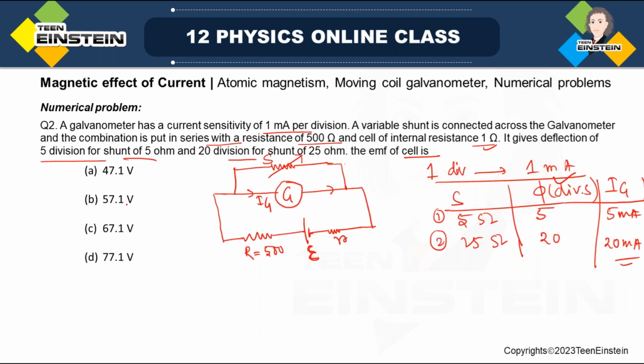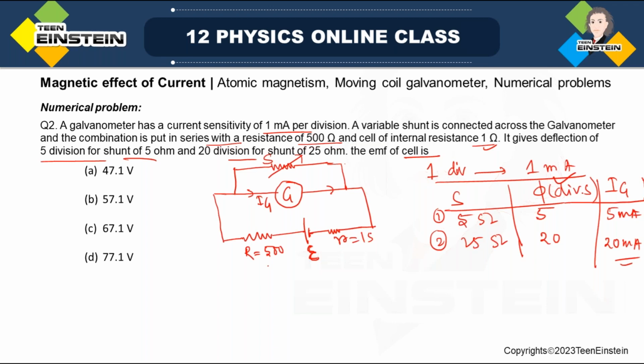The question says that there is a galvanometer whose sensitivity is 1 division per milliampere current. That galvanometer is shunted with a variable shunt, and the combination of the shunt and the galvanometer is connected in series with a resistor and a cell of internal resistance 1 ohm.